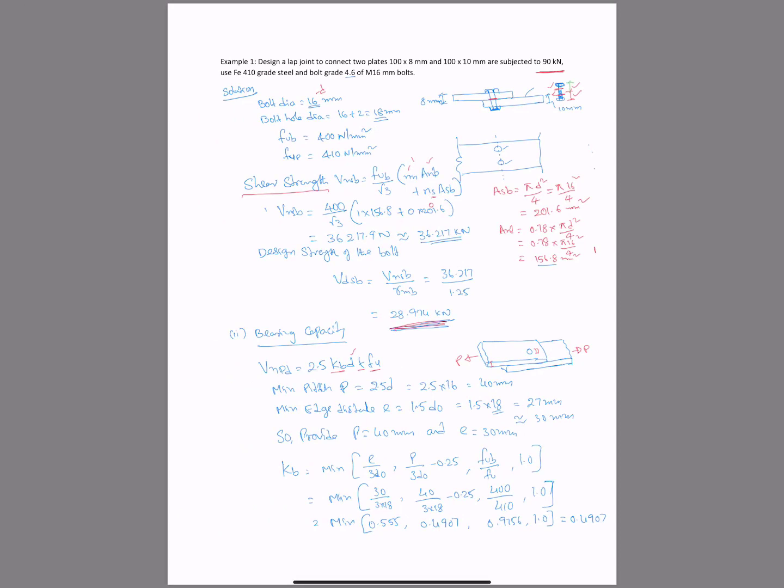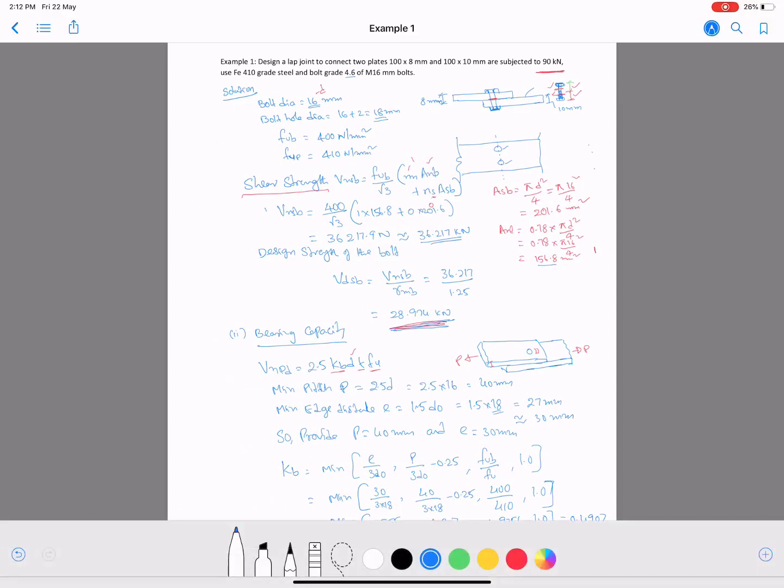If you consider this one, this is 1, the minimum of shear strength of the bolt, and bearing strength. This is subjected to 90 kilonewtons. 90 kilonewtons is the force, and this needs to be multiplied by 1.5 to get the factored force, and this is actually shear strength of the bolt.